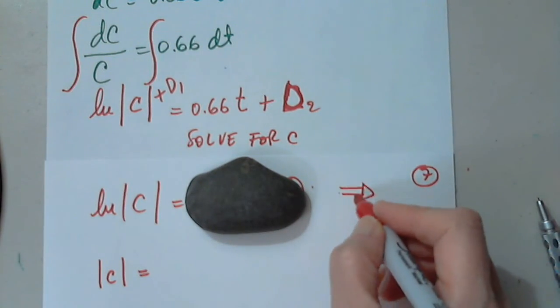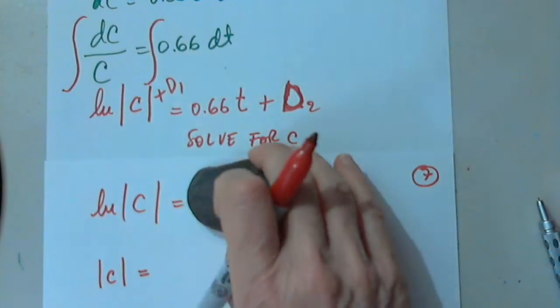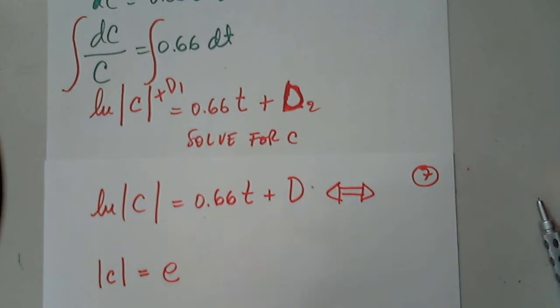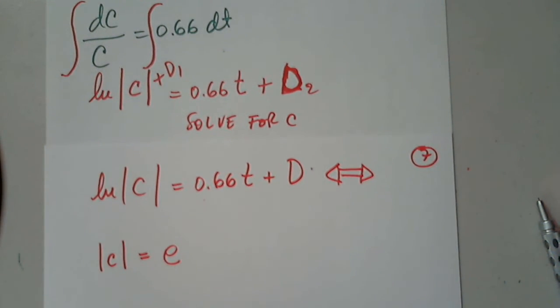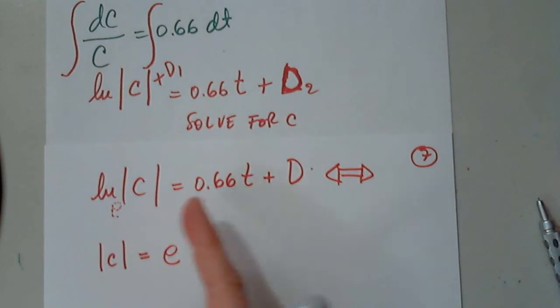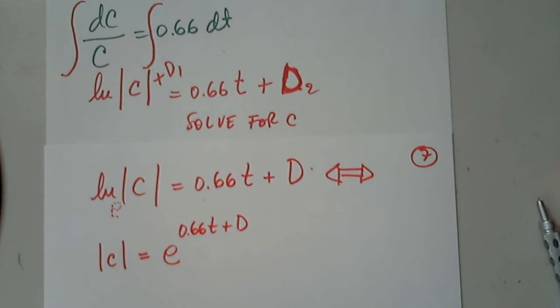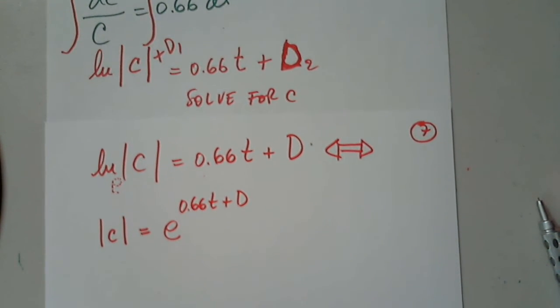Exponentiate both sides by e? Yes, in other words, you're saying e to this equals the absolute value. So if you want to say we apply, but the easiest thing to say or do is e to this plus d equals the absolute value of c.